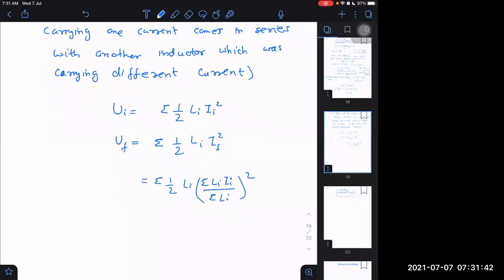Yes, sir. I think I can write it in terms of flux, maybe that will be simpler to understand.